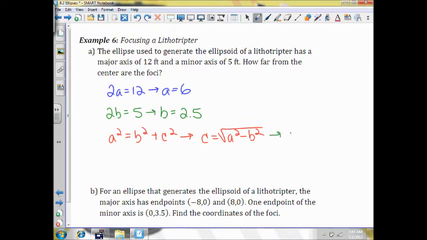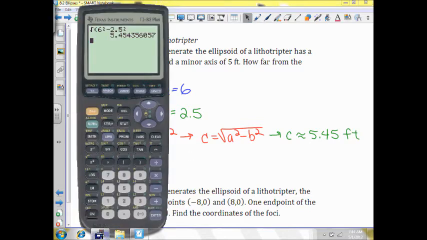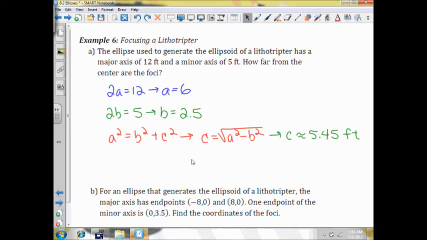So C is about 5.45 feet. If we take the 0.45, subtract the 5 to get it to a decimal, and multiply that by 12, you get about 5.45 inches also. So about 5 feet, 5.45 inches. That's our C value.